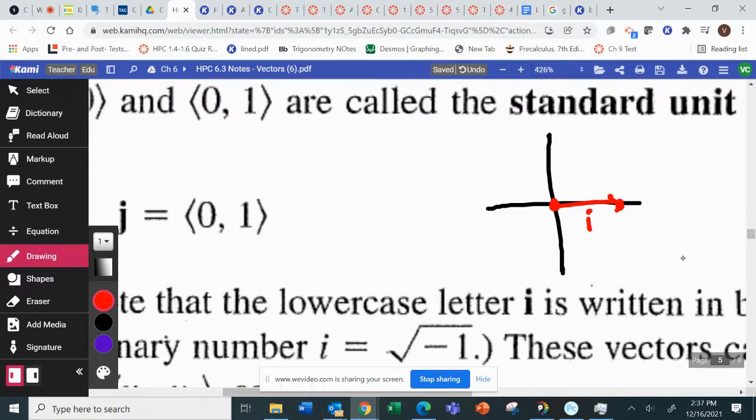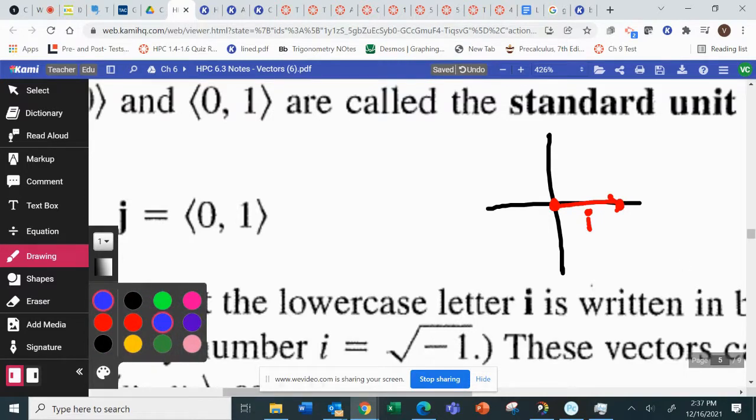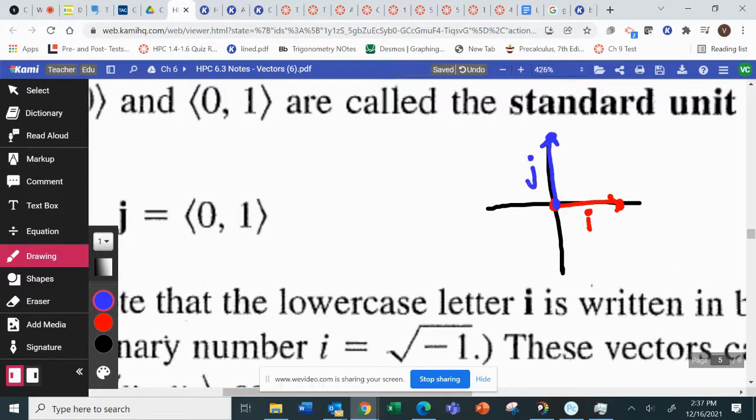If I want to represent vector j with <0, 1>, I would start at 0, 0, or wherever I decide to start, and I would go 0 x's and up 1 on the y. So that would be vector j. Those are two different vectors.